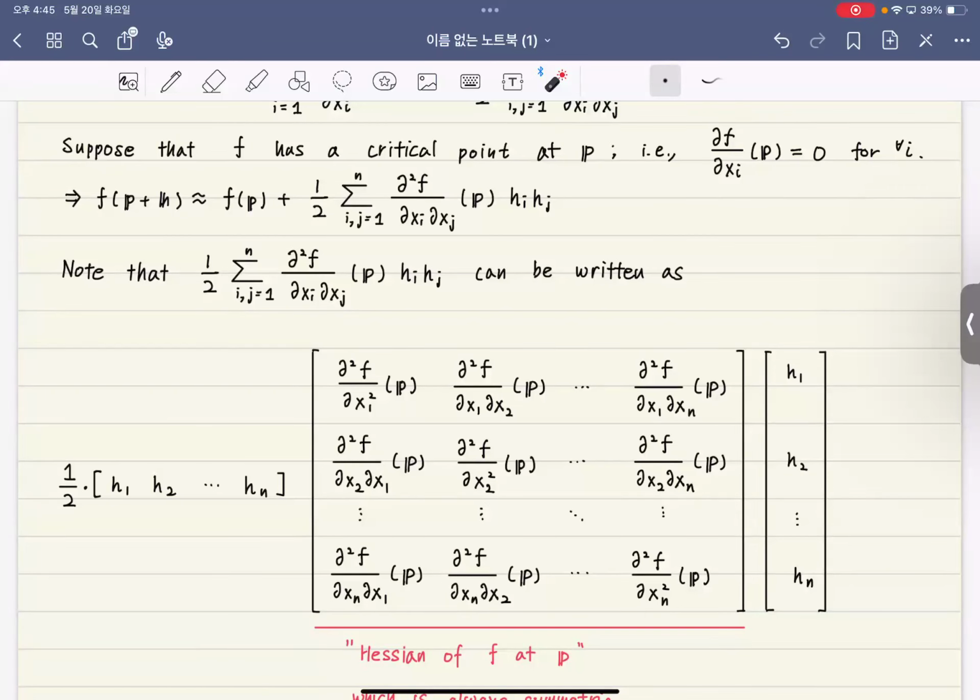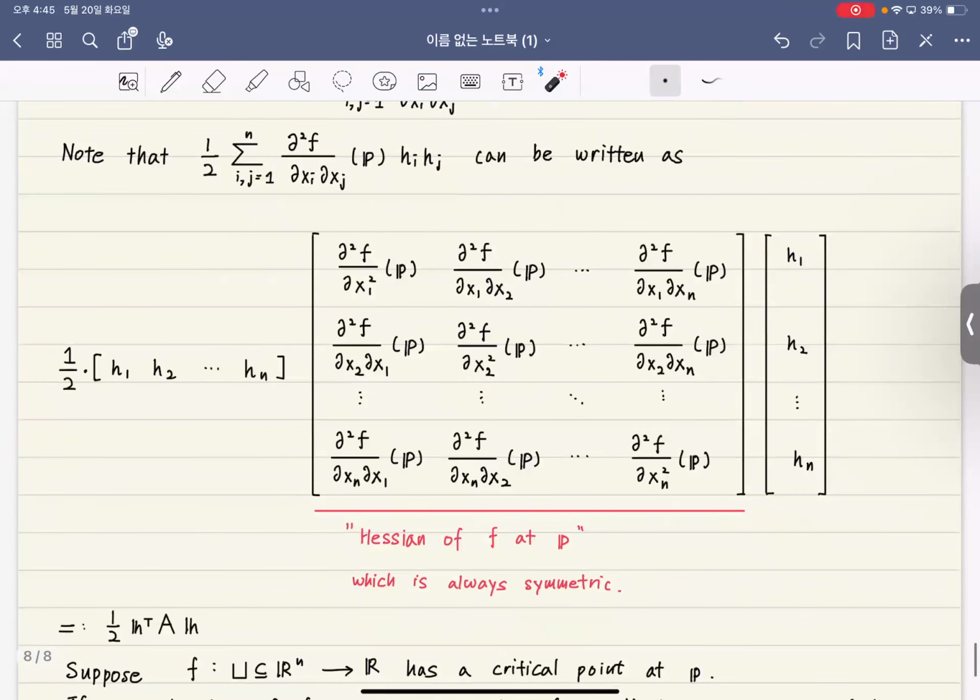So that means the matrix in the middle is an n by n real matrix, and it is a symmetric matrix, right? This entry is the same as this one, and this one is the same as that one. So this is a real symmetric matrix, and we call this the Hessian of f at P.